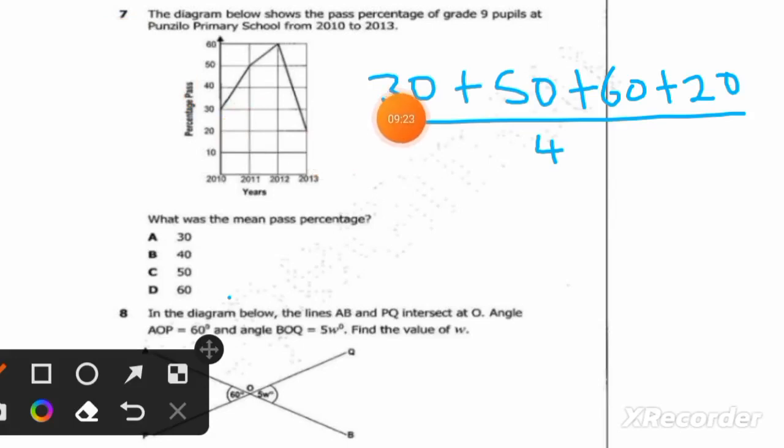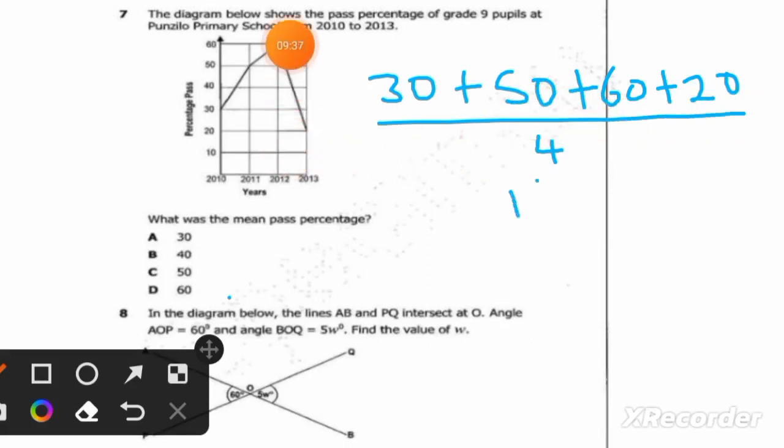So we are going to do this. We are going to say 30 plus 20 is equal to 50. 50 plus 50 is equal to 100. 100 plus 60 is equal to 160.